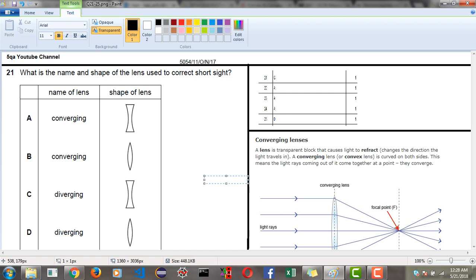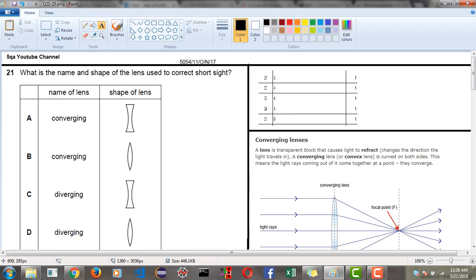So it is a problem among many people, and we already know that many of us use glasses for this kind of problem, and it actually happens with people with huge ages. So for this we need to know the name of the lens and shape of lens.